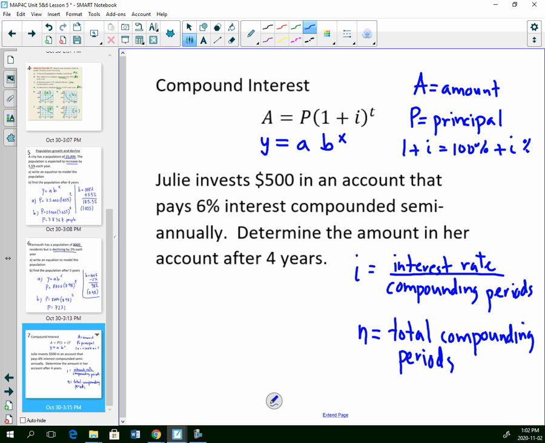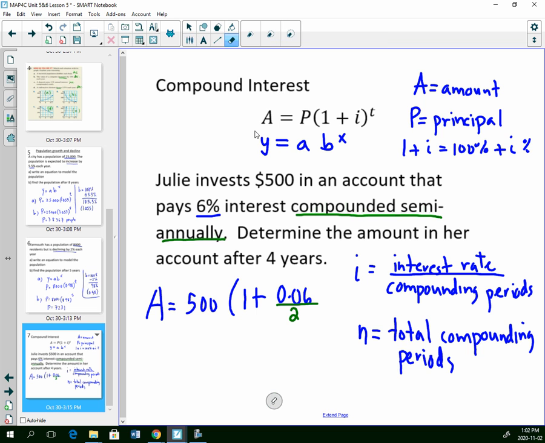So in this question, we've got A, the starting amount is $500. 1 plus the interest rate is 6%. So as a decimal, that would be 0.06. You have to remember that it's divided by how often it's compounded. So it's compounded semi-annually, which means twice a year.